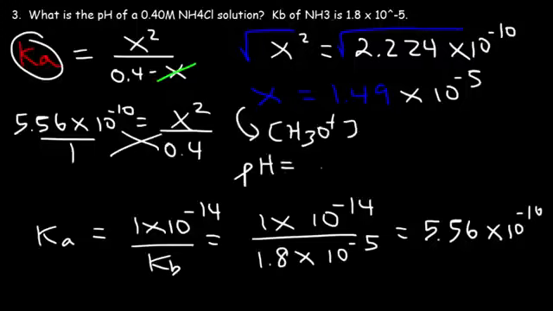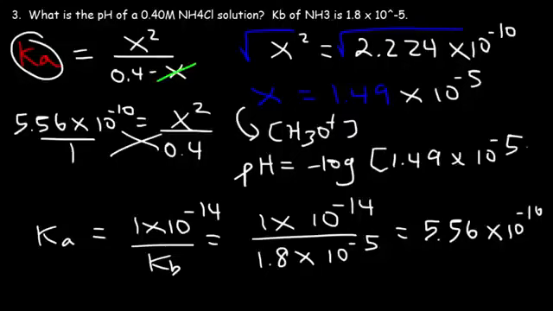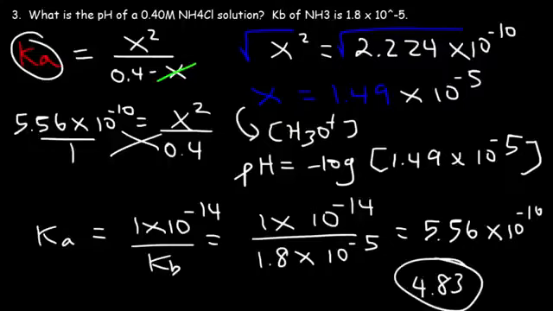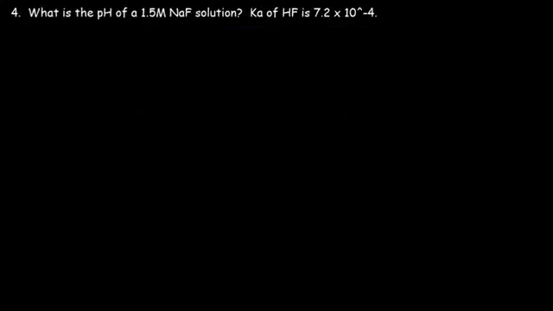So the pH is going to be negative log of the hydronium ion concentration, which is equal to X. So therefore the pH is about 4.83. That's the answer.